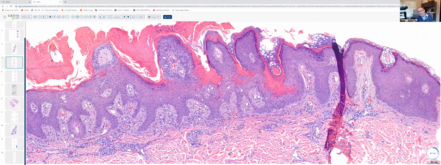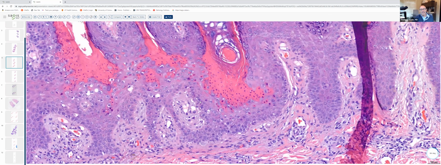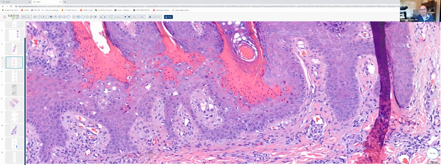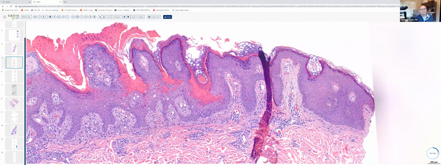But one thing that we don't have here that one typically sees in a verruciform xanthoma is the presence of neutrophils admixed with the porokeratotic cells. And also, if we look in the dermal papillae between these zones, there are really no identifiable foam cells present within the dermal papillae.